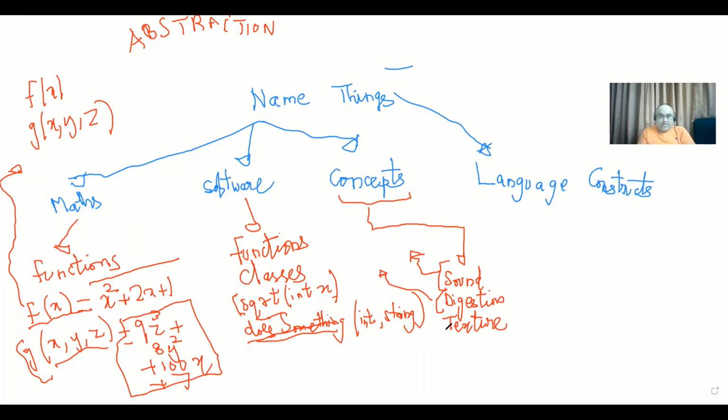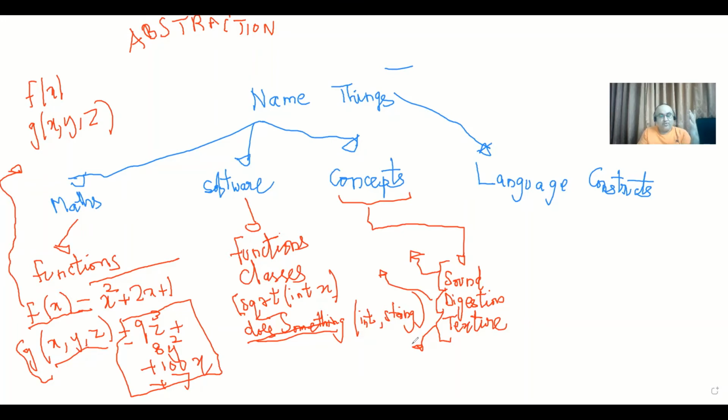And just as we discussed in terms for sound, we could say that texture is also a name to get a handle on a phenomenon, which is to feel some physical properties of materials through the sense of touch.